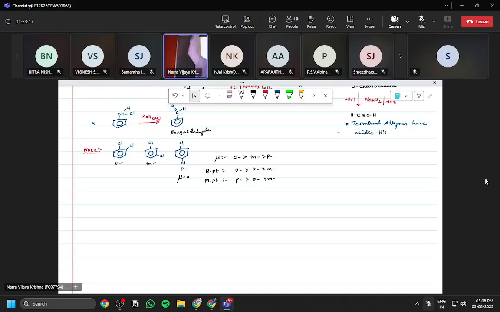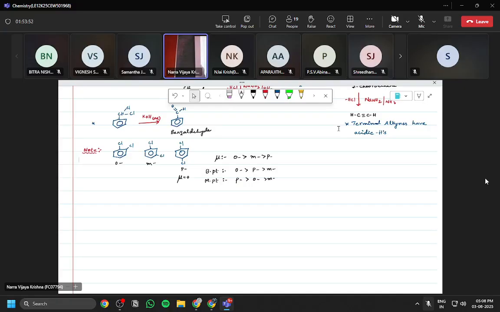If I take one benzene ring and a second benzene ring, is it possible to bring them closer? Then what happens to density? They occupy more space, density decreases. Then less energy is sufficient to separate them. Therefore, melting point will be highest for para, because I cannot bring that chlorine either in this direction or in this direction. Are you able to understand? That's why para value will be high. Effective packing.